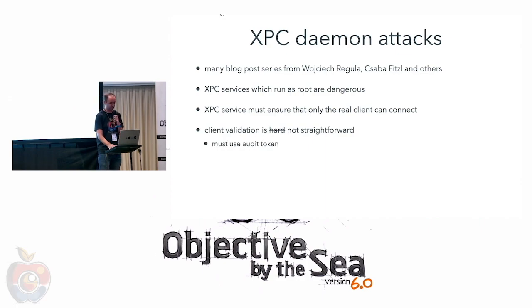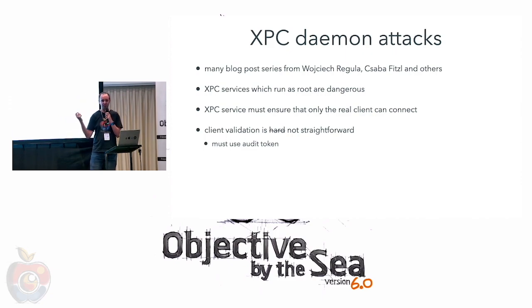And also for a long time, there was no API to actually make it secure in the first place, unless you use some private APIs. So again, we must use the audit token, as we learned today, for client verification. Now for this, before Big Sur, there was no public API to do this.